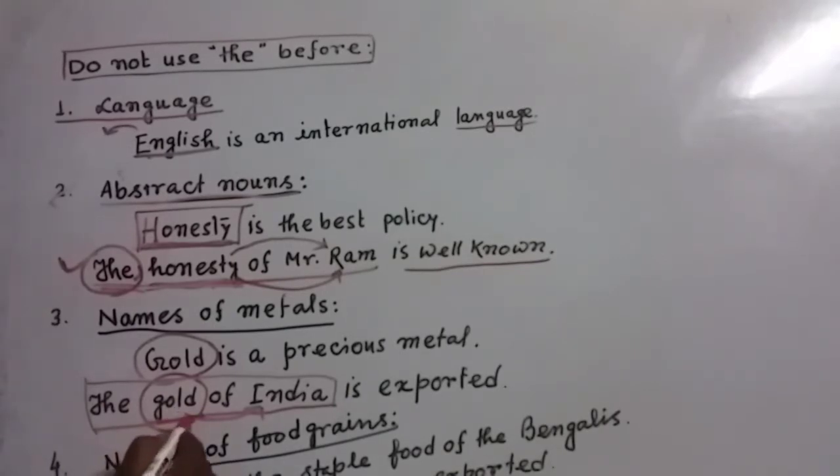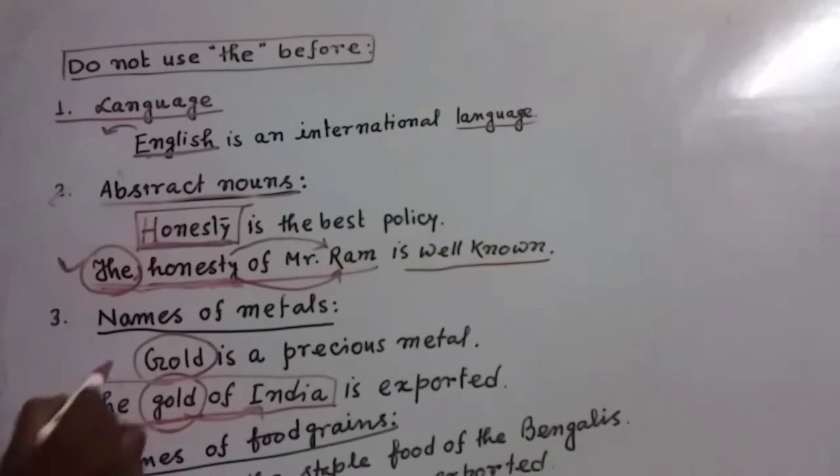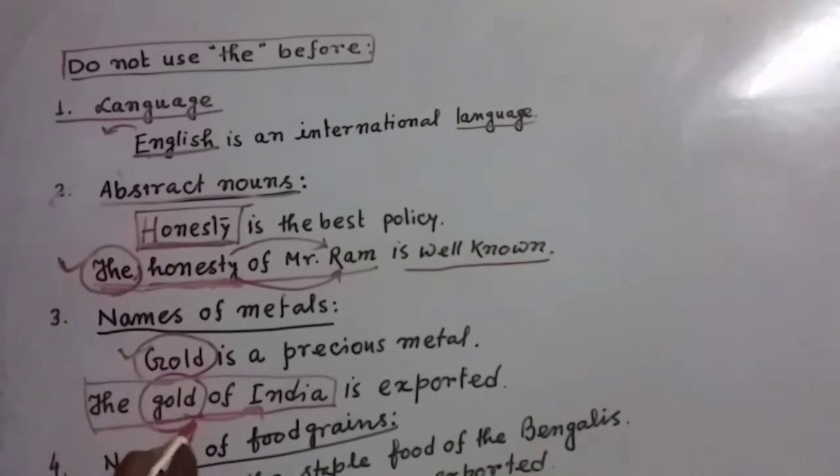Here it means only the gold of India. Gold is a precious metal means it is precious in India as well as other countries. But here this gold, this metal is only from India. So it is written: the gold of India is exported.